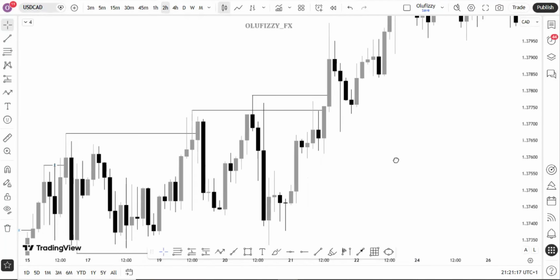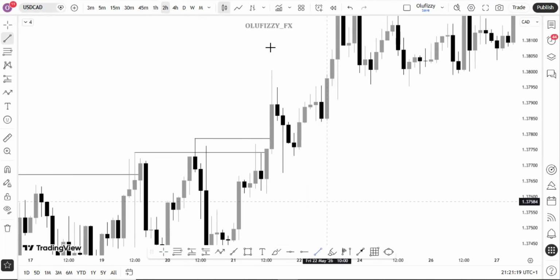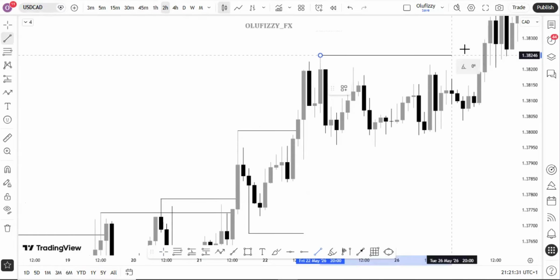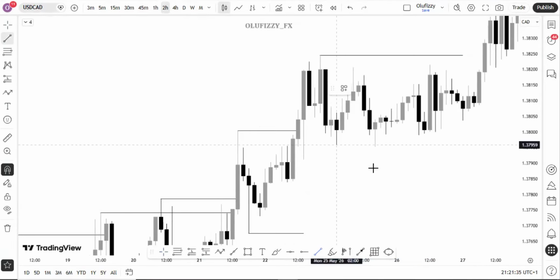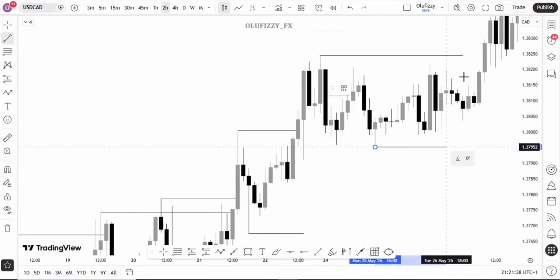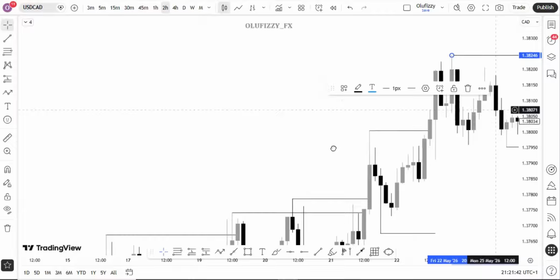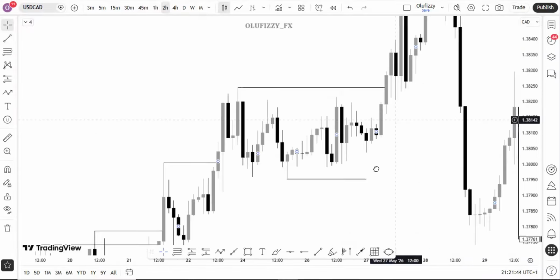So from there, price creates new ones. We have a new high, we have a new low. So let me go a little bit fast so that we won't take much. This video is not going to be too long. So we have a new high. I think this last low we have before the break of this high is the break of structure. So let's see what price continues doing.